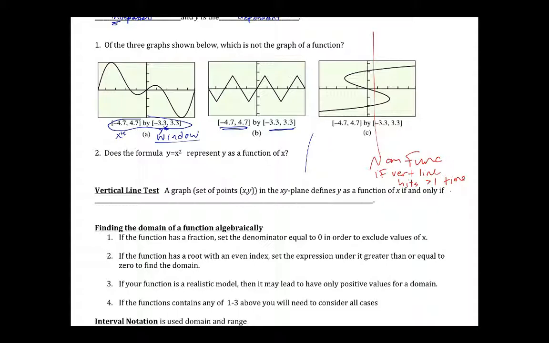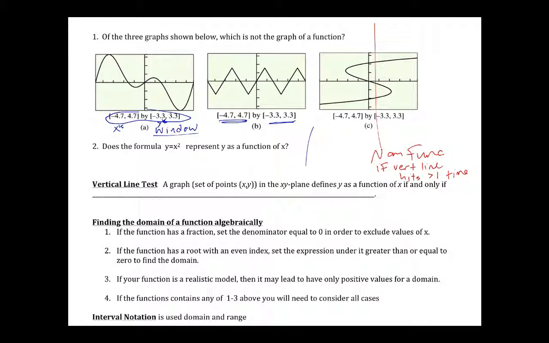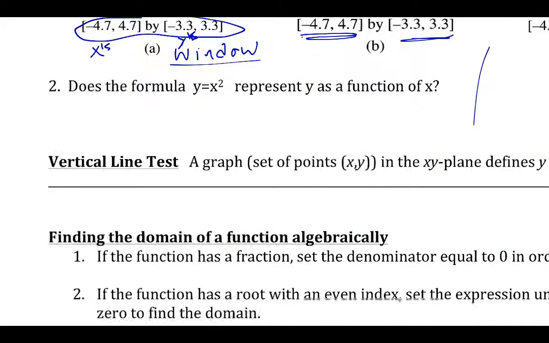It defines a function if and only if the vertical line hits once. It's only a function if the vertical line touches once everywhere. No exceptions. None. Okay, old news.